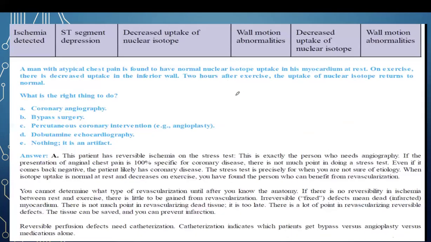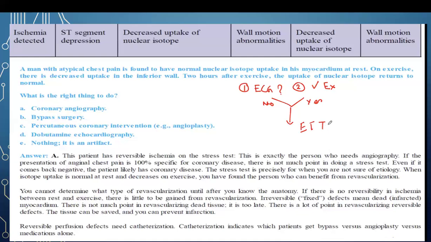First of all, let me give you a summary. Let's say you have got an angina patient. The first thing you would ask is, is there any ECG abnormality? Is the patient able to exercise? If yes to both, so no ECG abnormality and exercise is fine, you send the patient for an exercise tolerance test.